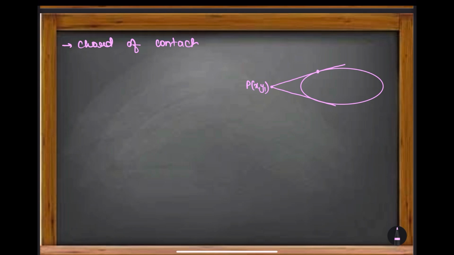Suppose that your tangents touch the ellipse at point A and point B. So the line joining A and B is representing the chord of contact. So how will we write it? We will write T equals 0 and it is done.